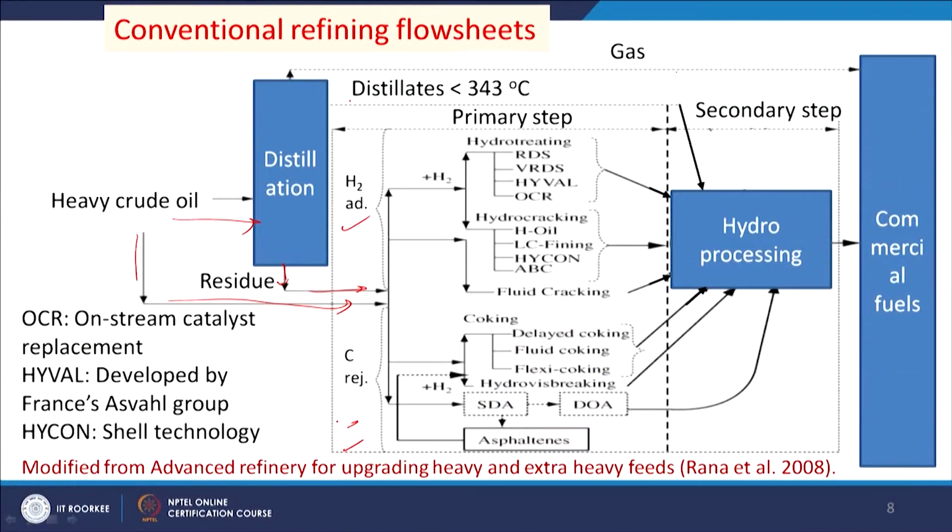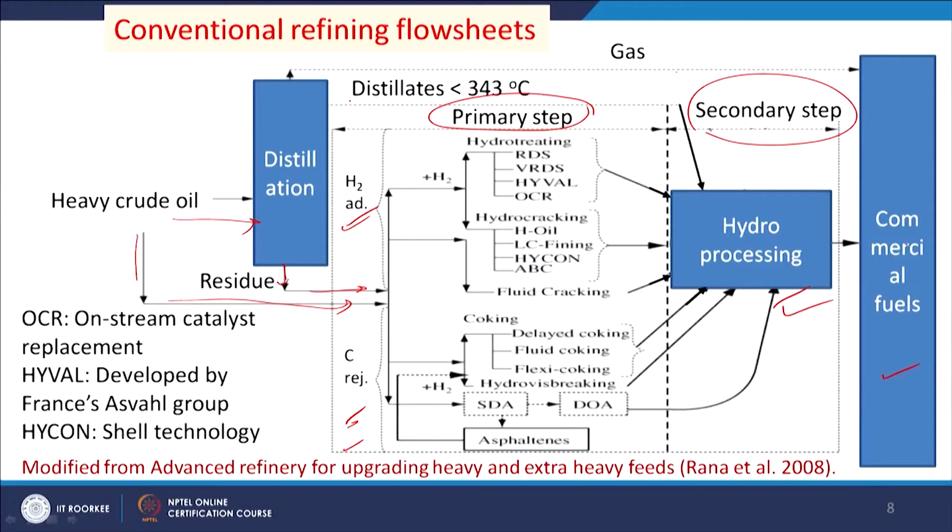The hydrogen addition or carbon rejection process will be followed first, in the primary step. Then the product which you are getting will go for secondary step conversion, that is nothing but hydroprocessing. So, first will be primary processing, which may be hydrogen addition or carbon rejection, and then the second is hydroprocessing. Then ultimately we will get the products.